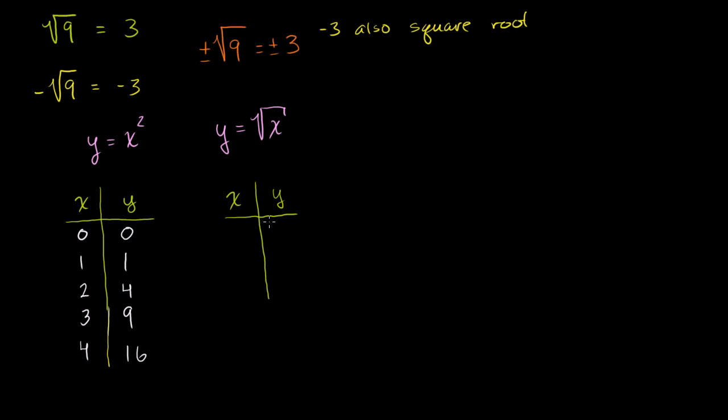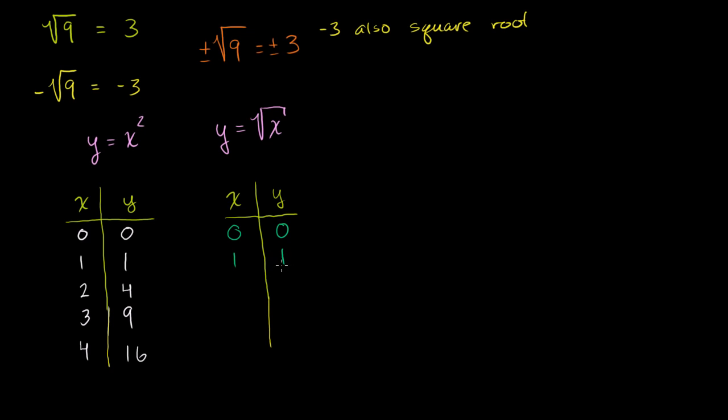Now let's see what happens when y is equal to the principal square root of x. And I'm going to pick some x values on purpose just to make it interesting. When x is equal to 0, what's y going to be equal to? The principal square root of 0 is 0. When x is equal to 1, the principal square root of 1 is just positive 1.